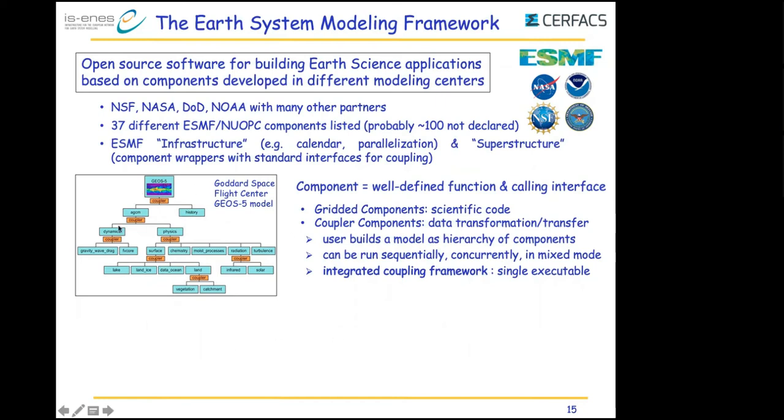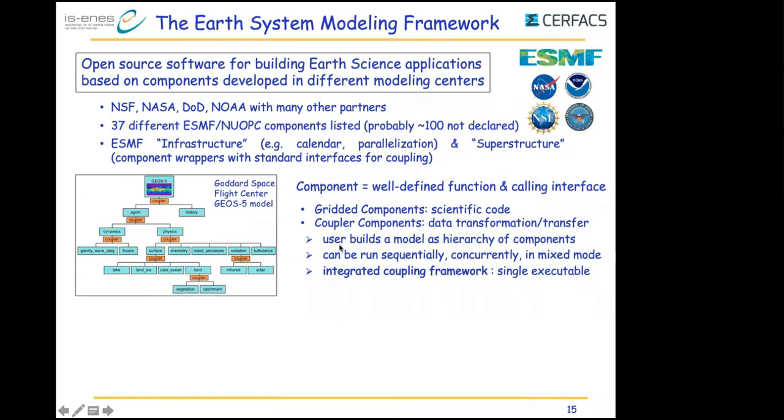So a component has a well-defined function, and it has a calling interface which is adapted to ESMF, which uses the ESMF standards. They have two types of components: gridded components that really contain the scientific code, and a coupler component for everything that regards transfer and data transformation.